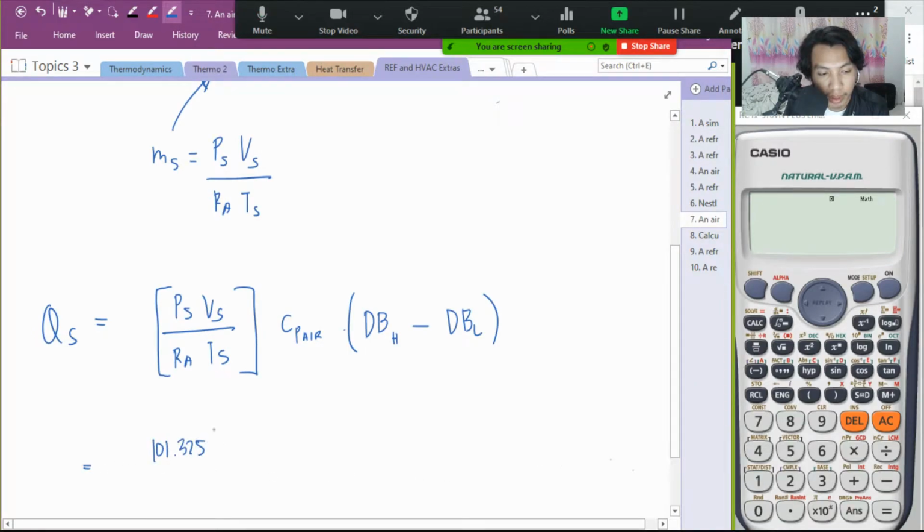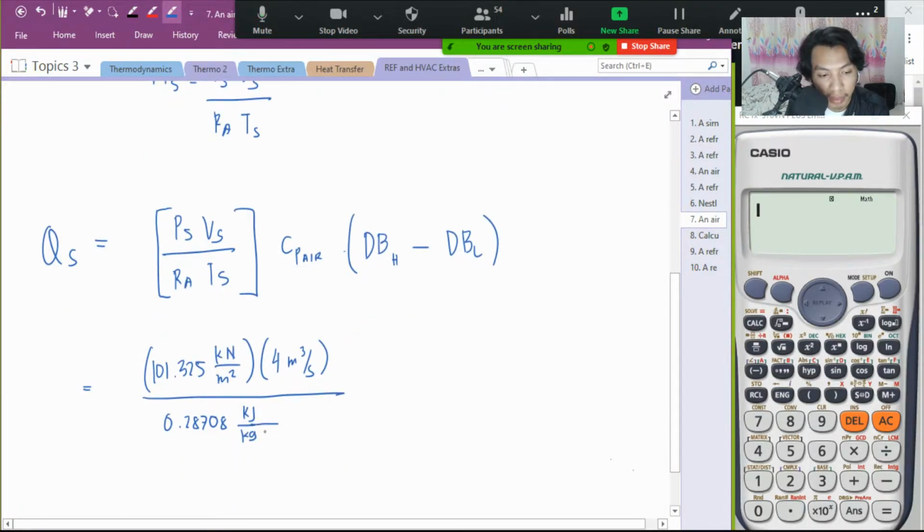101.325 kilonewton per meter squared multiplied to yung volume supply mo. So, 4 meter cube in every second. R ng air, that is 0.28708 kilojoule per kilogram. Kulang pa, degree Kelvin. Yung temperature, lagi po yan naka-absolute.